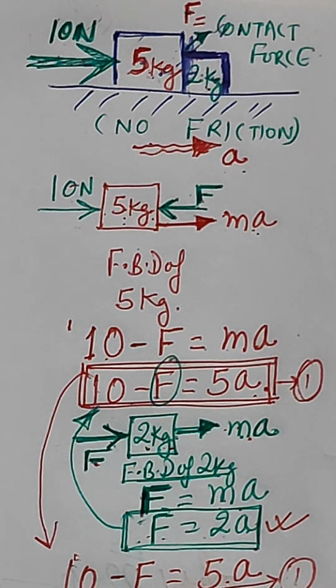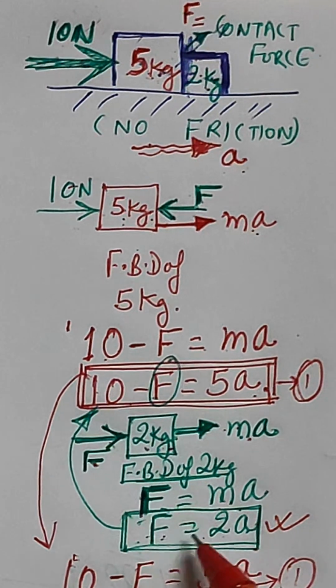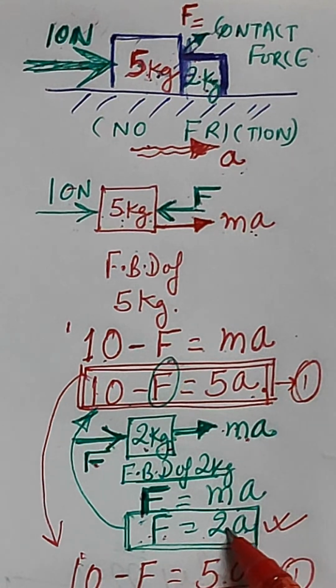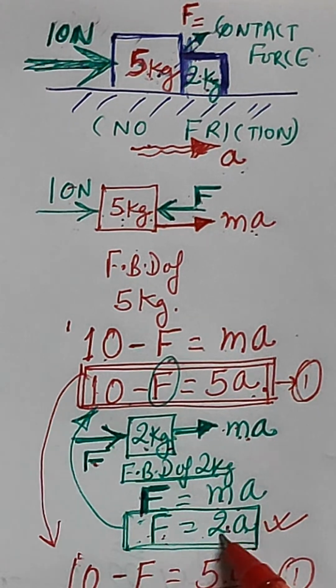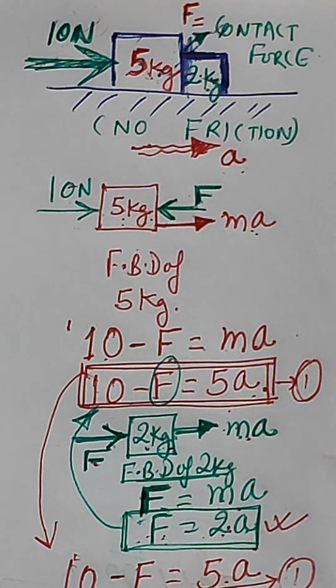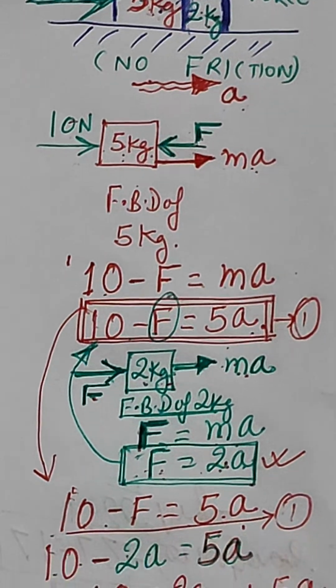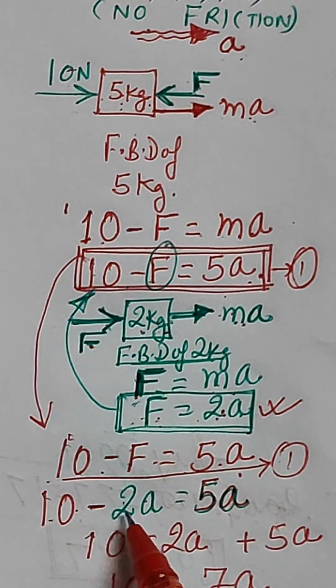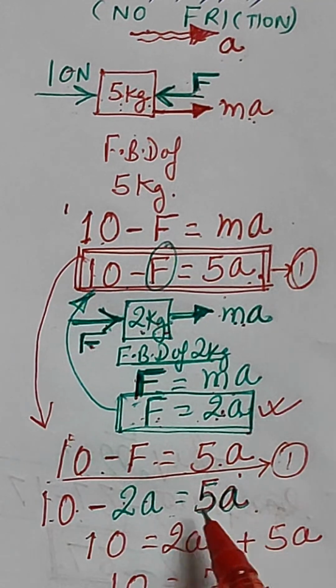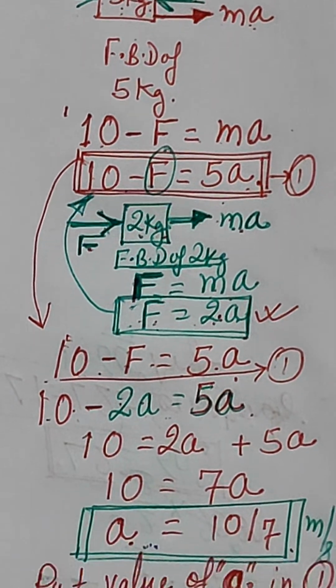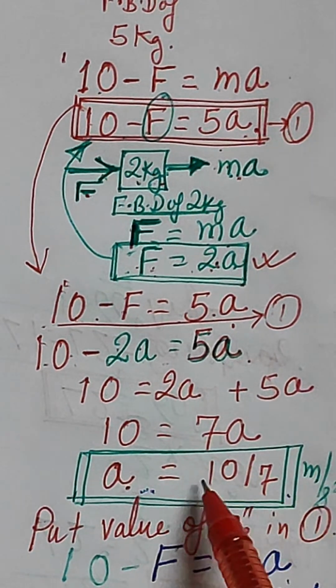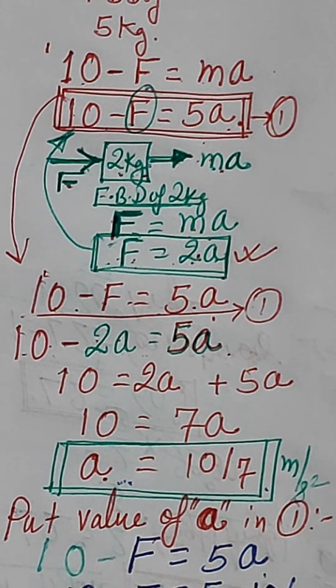Now since F equals 2a, just put this value of F into the first equation, 10 minus F equals 5a. This will give you 10 minus 2a equals 5a. When you solve it, you get the value of a as 10 by 7 meter per second square.